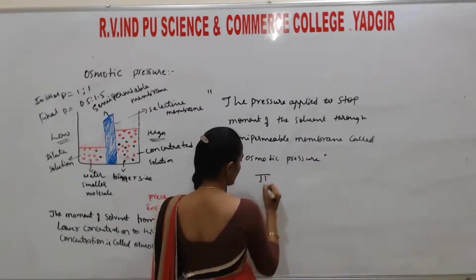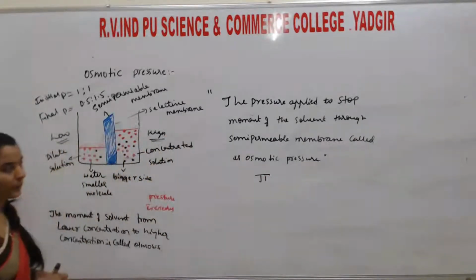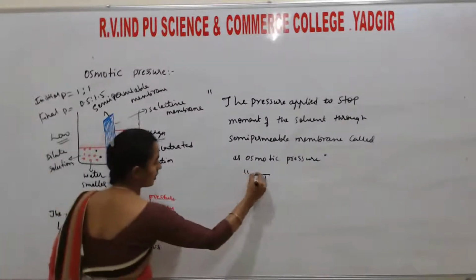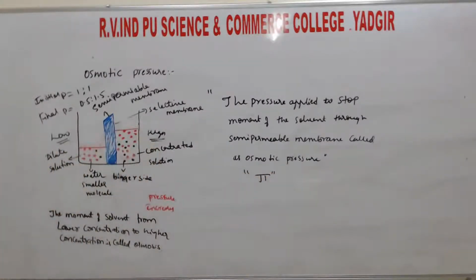That is represented by what? Pi. Okay, this is called osmotic pressure. So the pressure which is applied to stop the osmosis process, that is called as osmotic pressure.